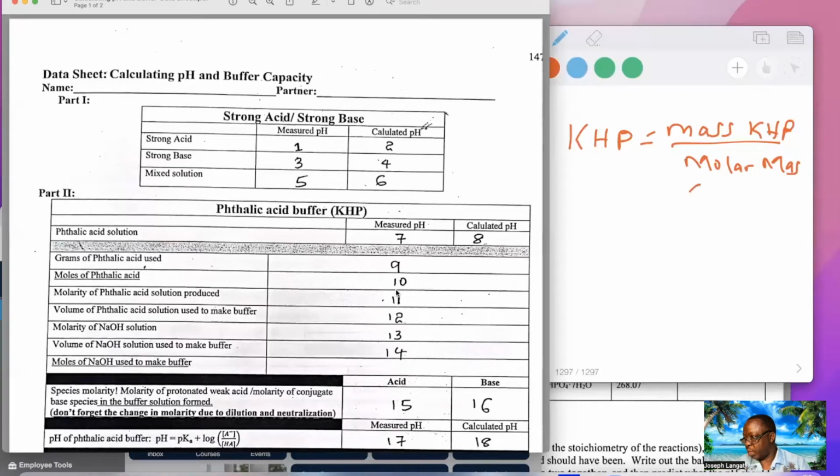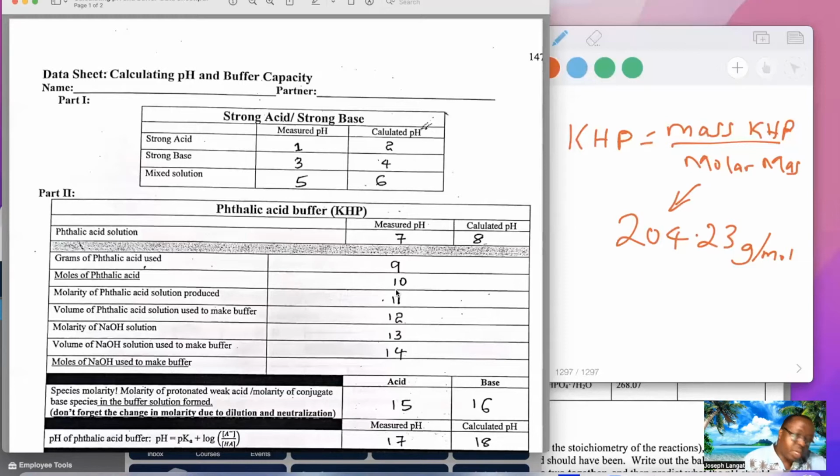This is from the manual. It is given. You don't need to use the periodic table. That will give you the number of moles of phthalic acid, which is KHP.